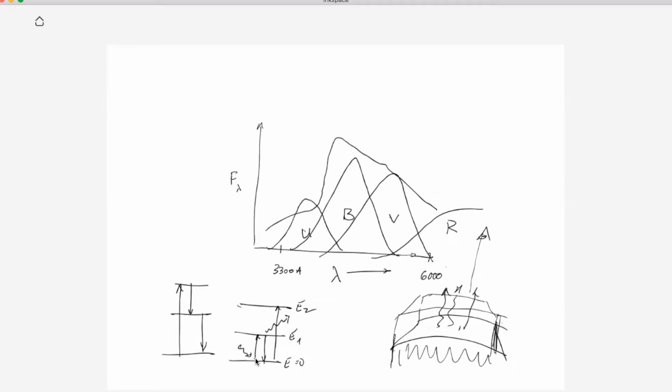So, for example, if you take iron that has 26 electrons in its neutral state, if the energy exceeds like 7 volts, which means it's in the near ultraviolet, you're going to produce an ion. Iron 2 has 25 electrons. They're not distributed in the atom in precisely the same way that the original neutral species was, and so they're going to have a distinct set of levels, okay?